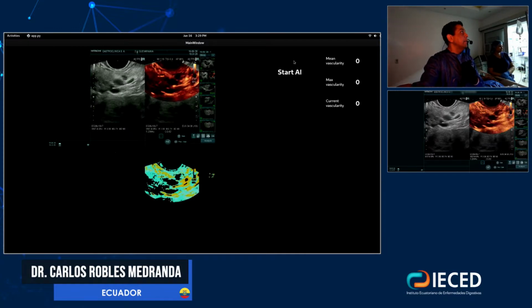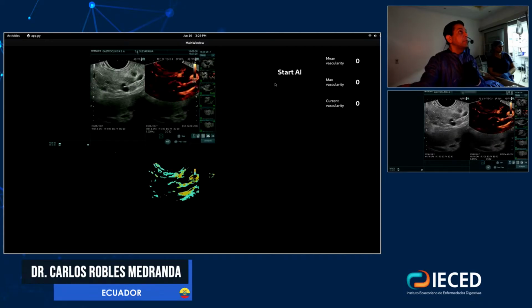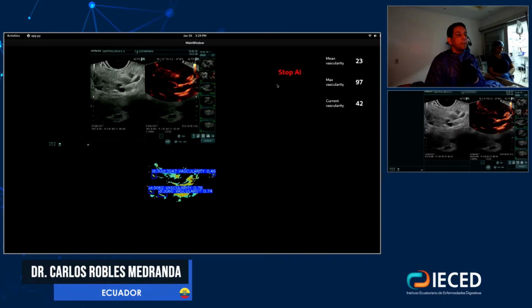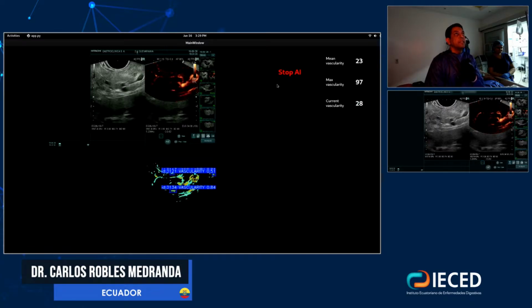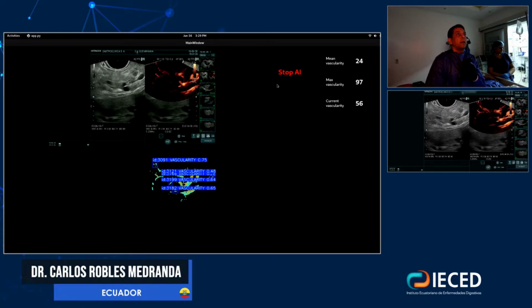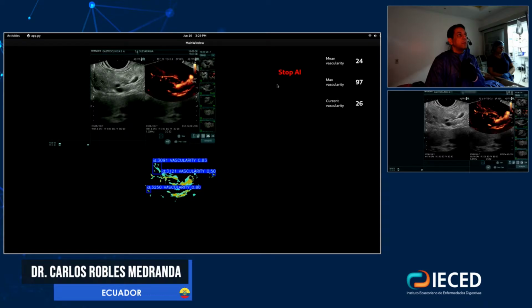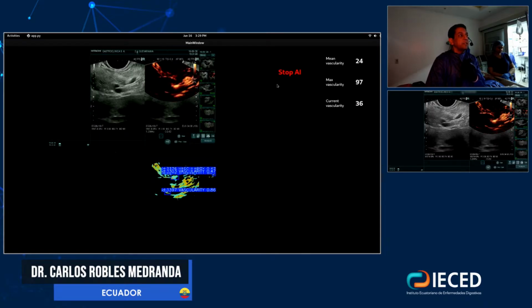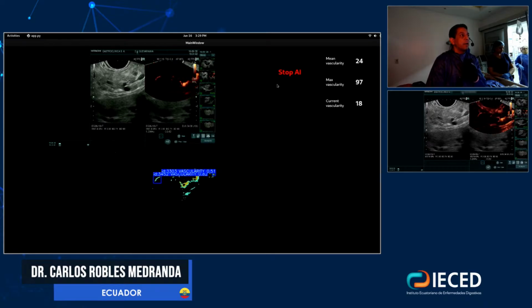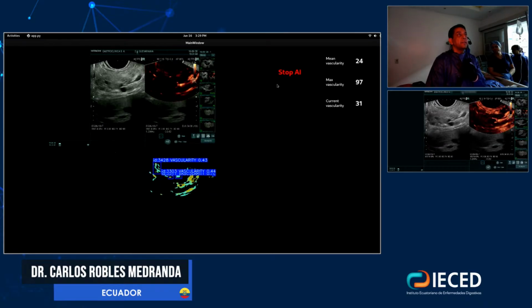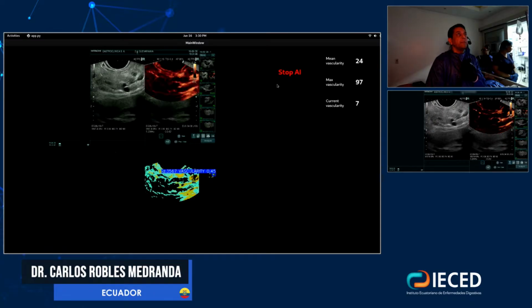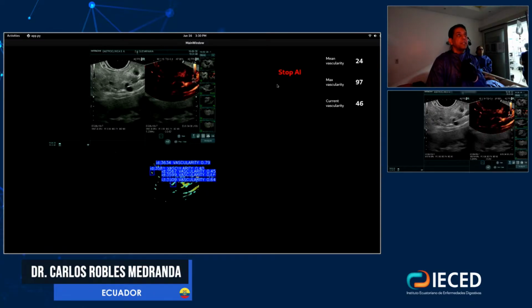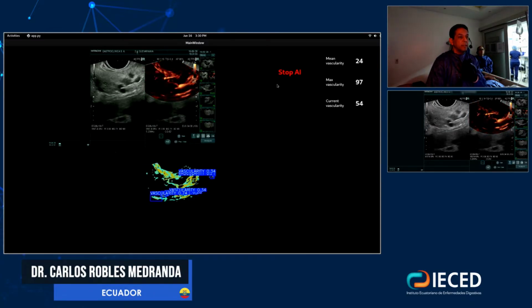So I will start the AI, and then we will start to see the number of microvascularization that we can see. So you see, the machine counts the microvascularization that it is looking at after the training, and it makes a calculation of the mean vascularity, maximum vascularity, and the current vascularity that is taken.